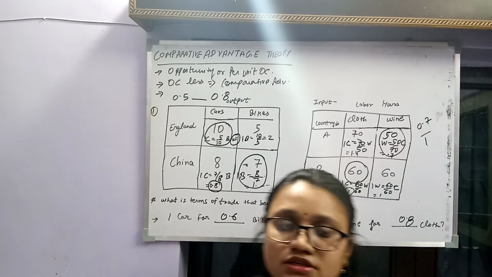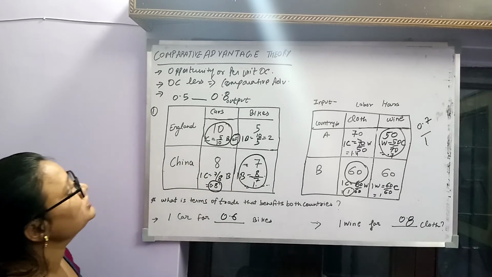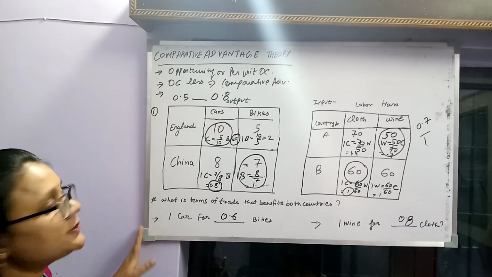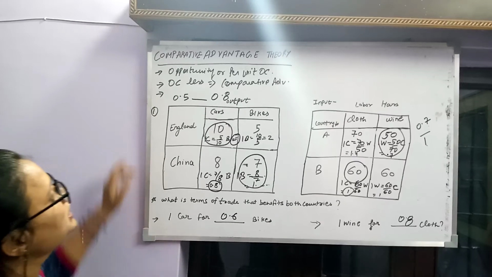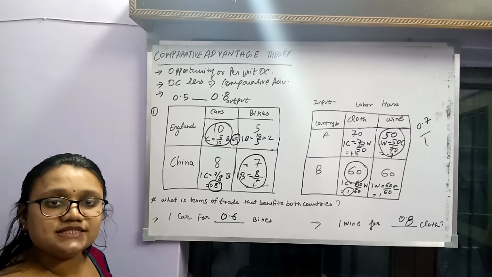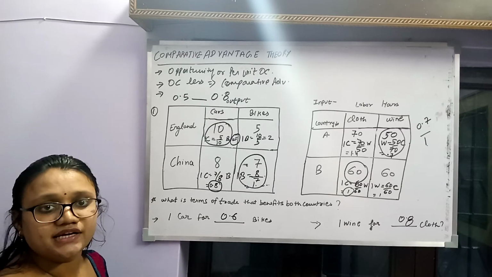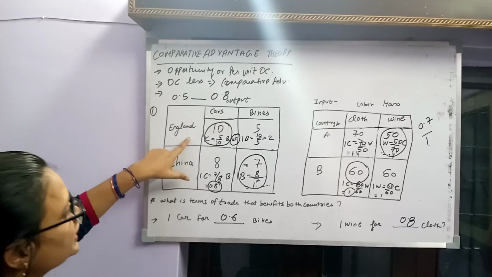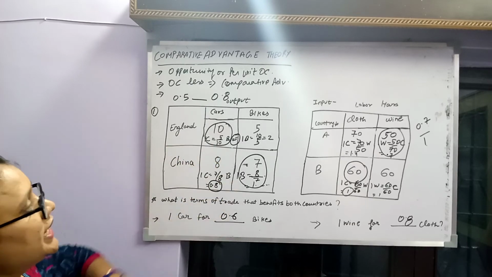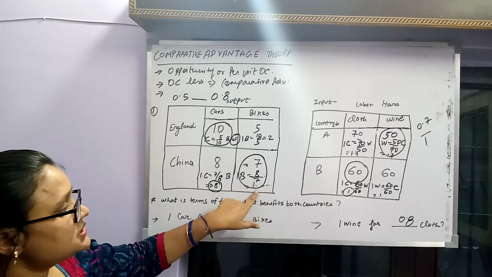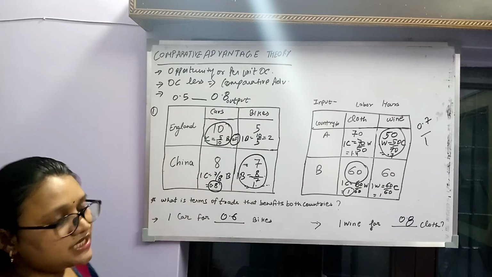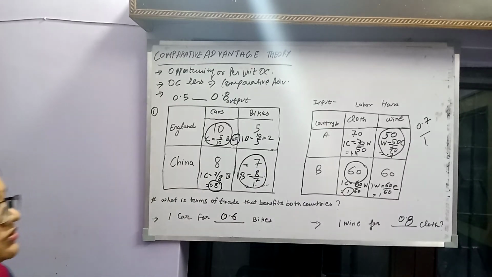So this is how we calculate terms of trade and the comparative advantage. Now let's have a quick recap. The first step is to calculate per unit opportunity cost in these types of questions. Second, the country that has less opportunity cost in a particular product has the comparative advantage in it. Here 0.5 is less than 0.8, which is why England has comparative advantage in cars, and bikes are produced by China as it has less opportunity cost.